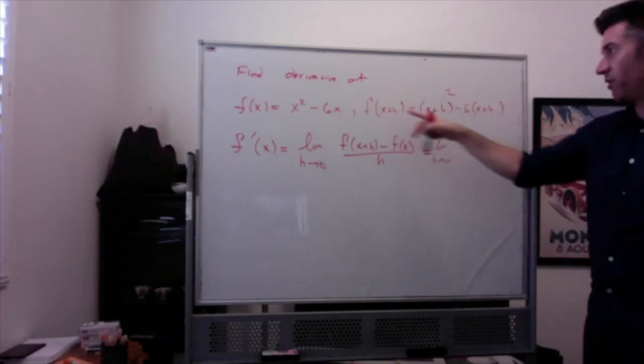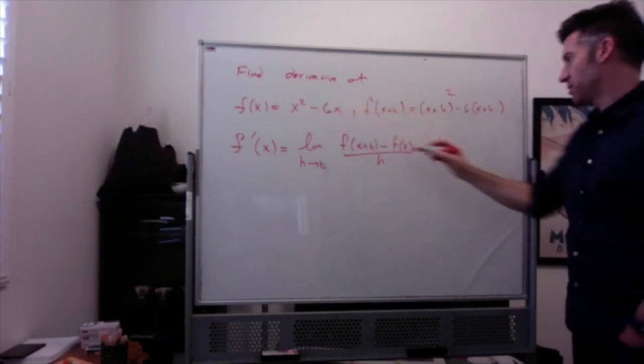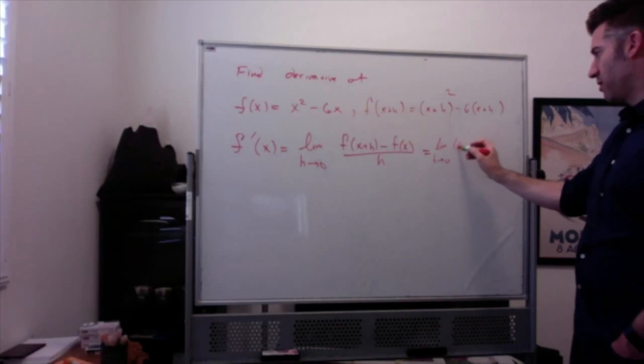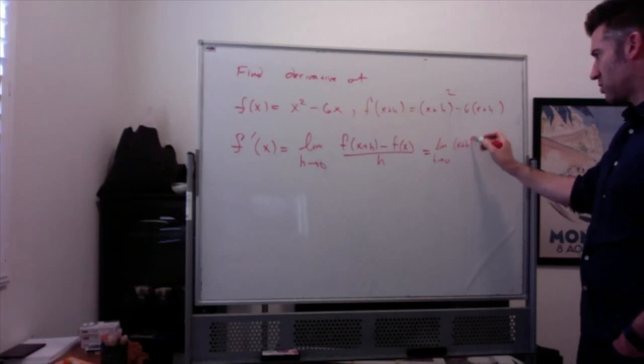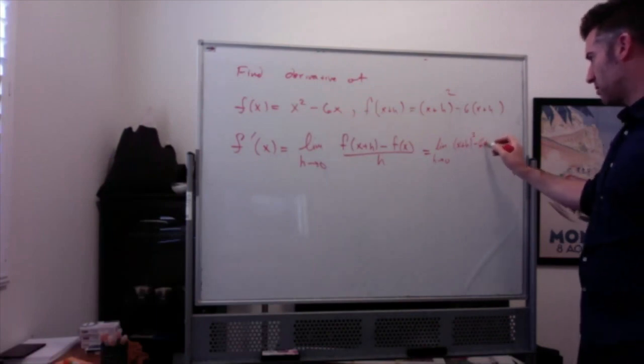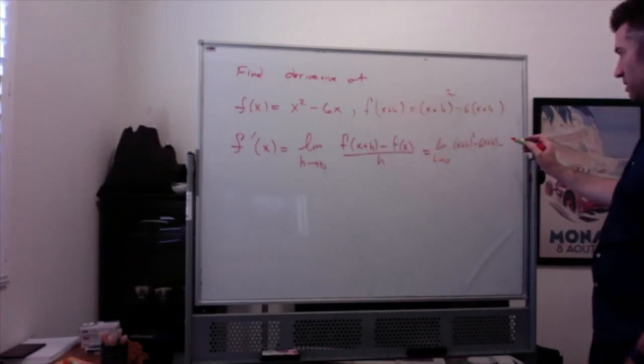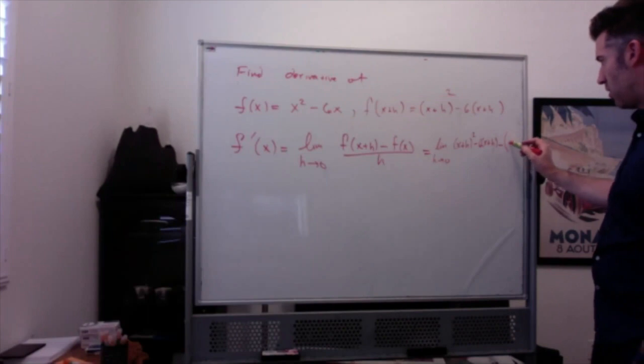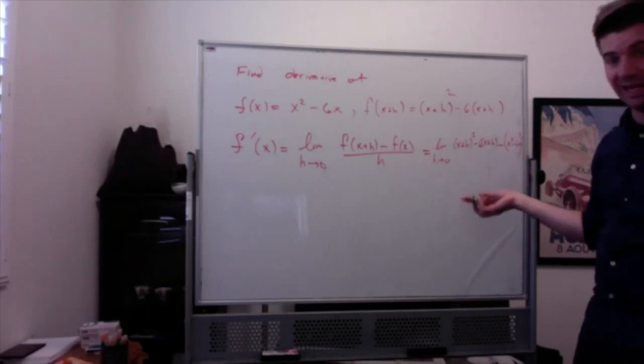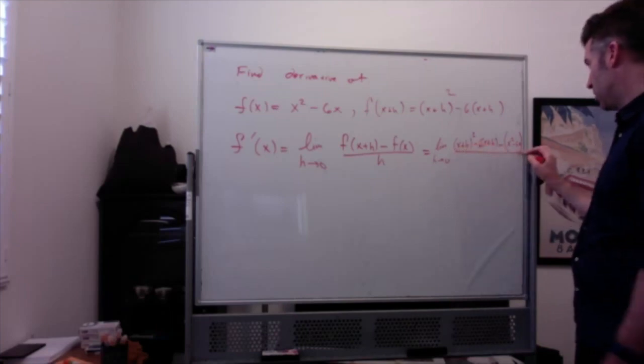So that's what we're going to have, this minus that: x plus h squared minus 6 times x plus h minus f of x, which is x squared minus 6x. And to be careful, it is minus all of it. So it's minus parentheses x squared minus 6x, all over h.